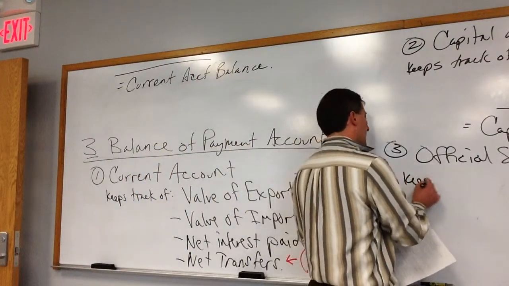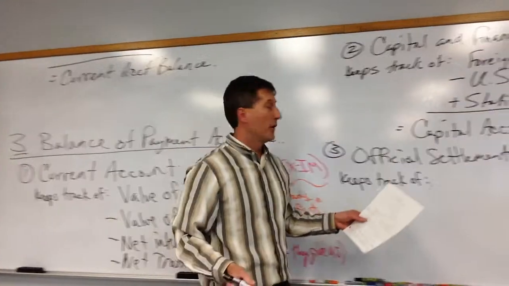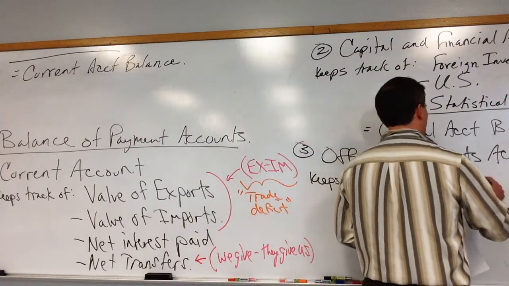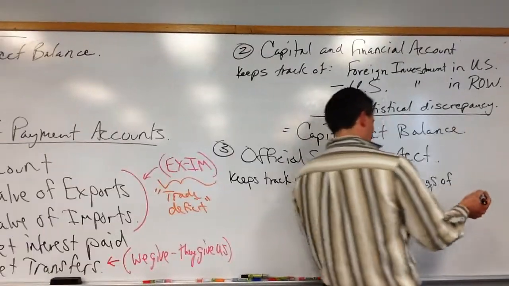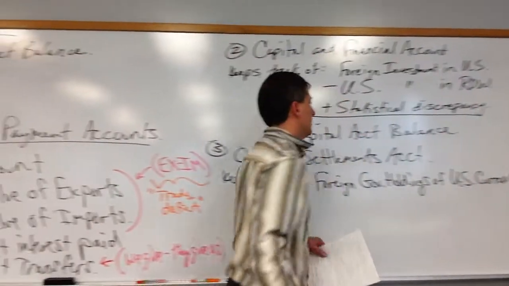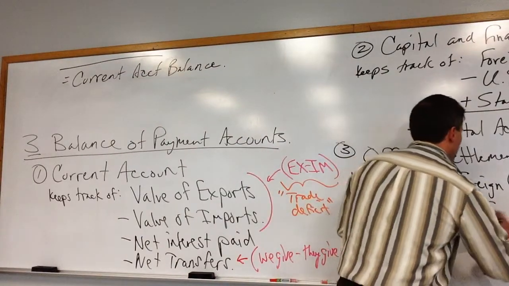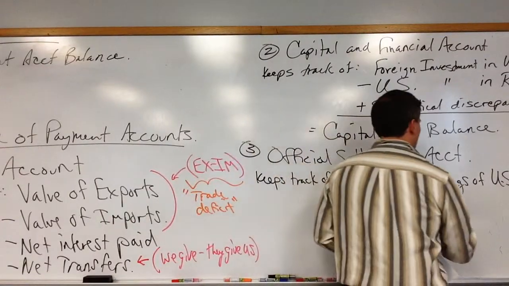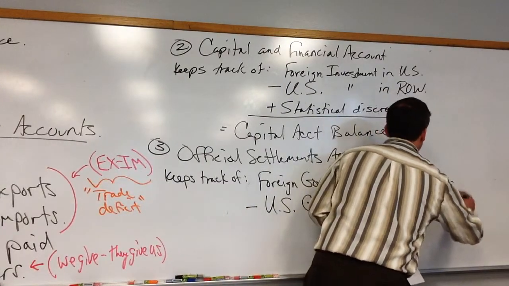And it keeps track of foreign government holdings of U.S. currency minus U.S. government holdings of ROW currency, the rest of the world's currencies, which would be the Federal Reserve.